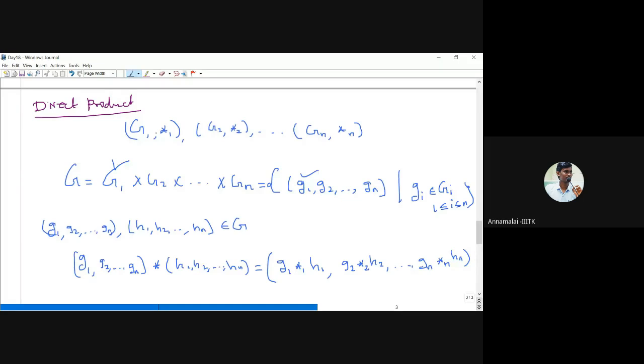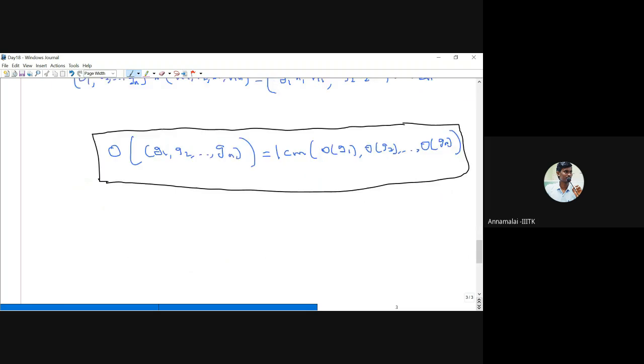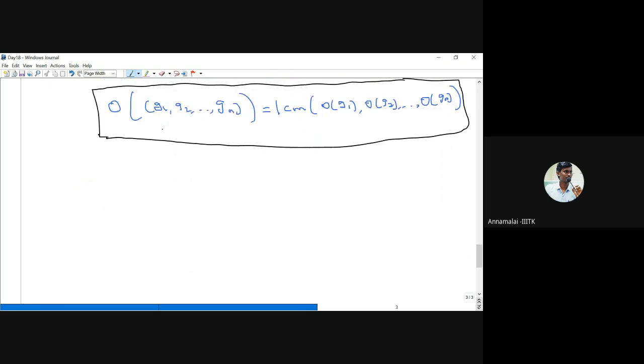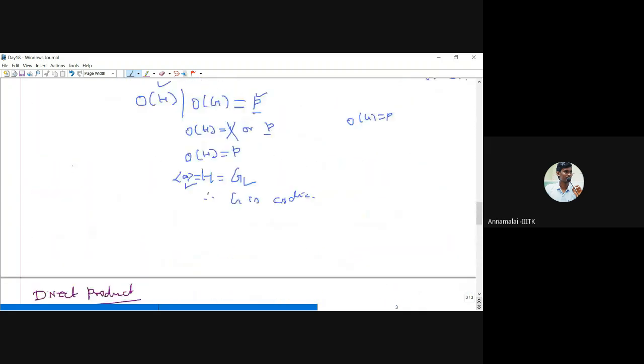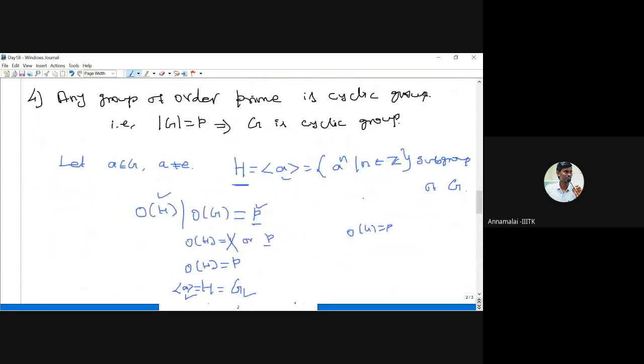Suppose we have two cyclic groups G1 and G2. If we take the Cartesian product, is it again a cyclic group? That is the question. If we take the Cartesian product of two cyclic groups, we can extend it to any number.